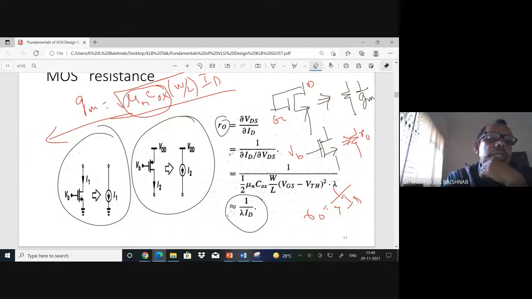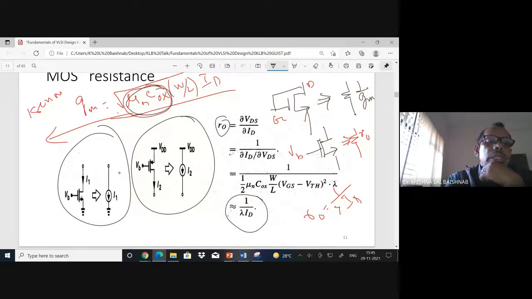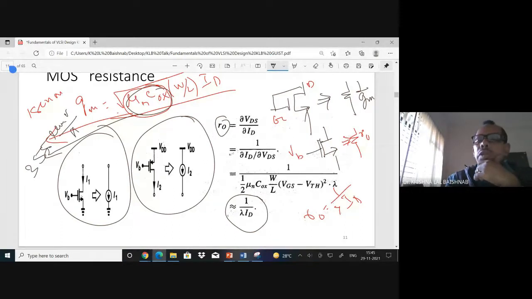This part below is 355 micrometer per volt, and some unit will be there, I forgot the unit, sorry.